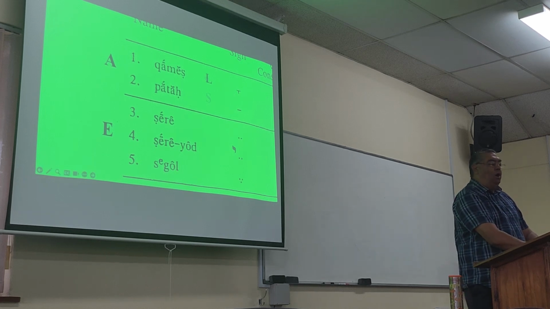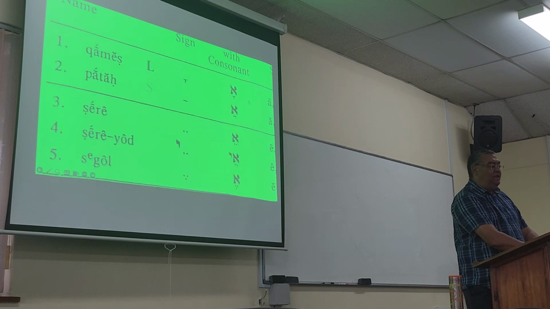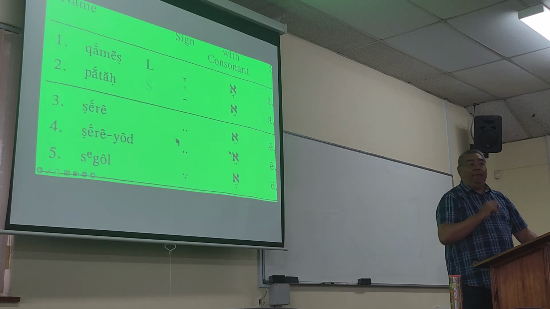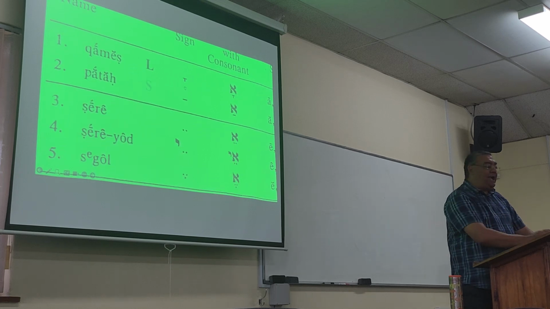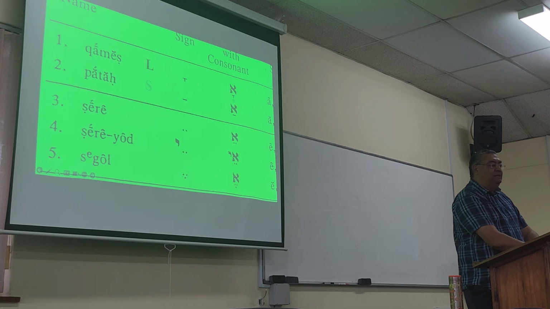It's a long R sound. You can see there the symbol that they invented for it looks like a capital letter T. And that capital letter T will be written in the middle under a consonant as it is illustrated over here in the consonant aleph. Right? So that's a Kamitz.